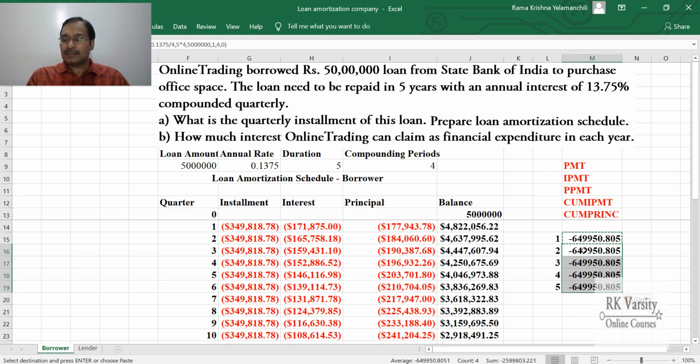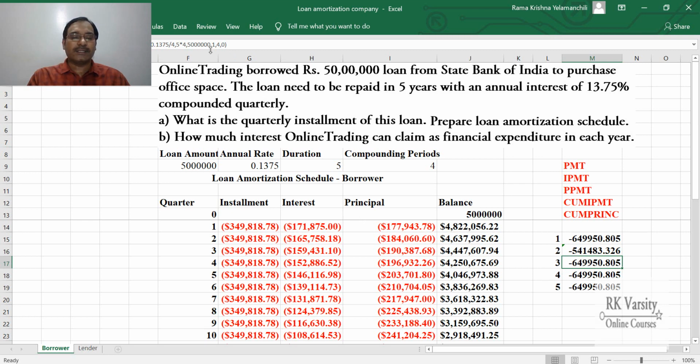Now just copy this one for the remaining years. Then change the starting period and end period. Now the second year starts with the 5th quarter and ends at the 8th quarter. Press enter. So the interest amount that you pay in the second year is 5,41,000.